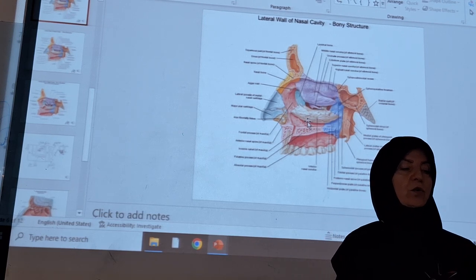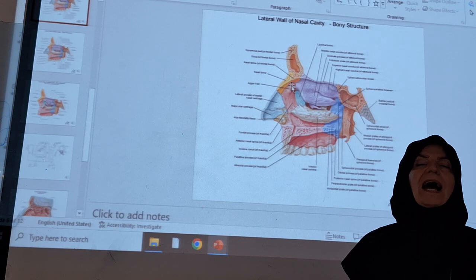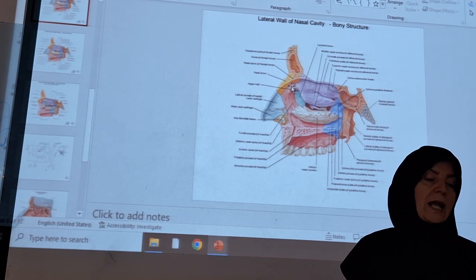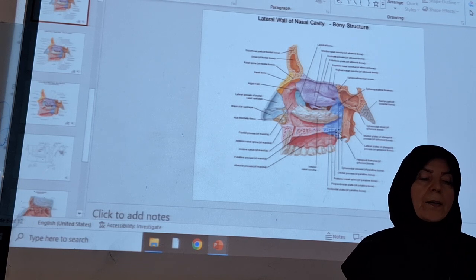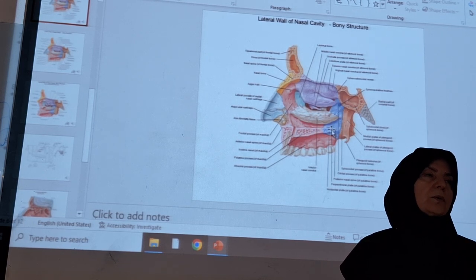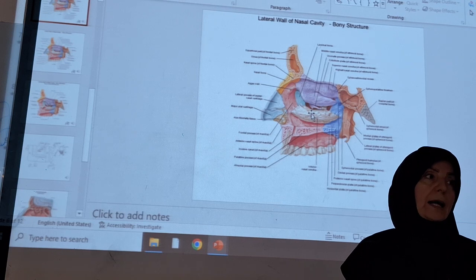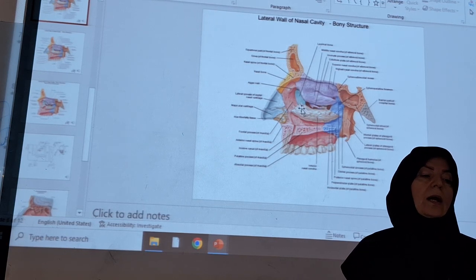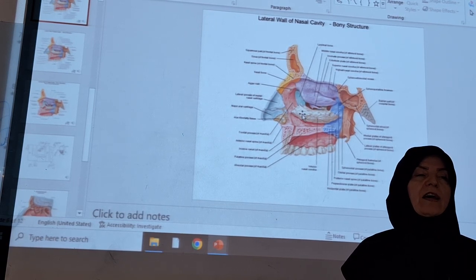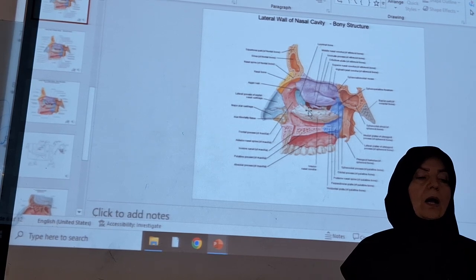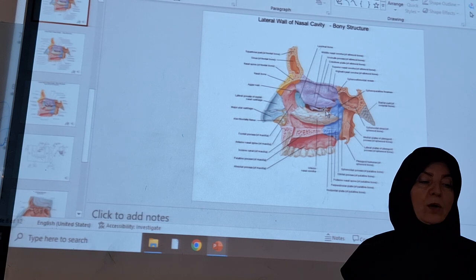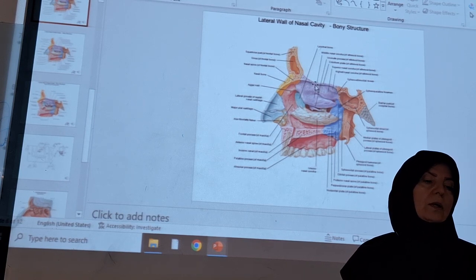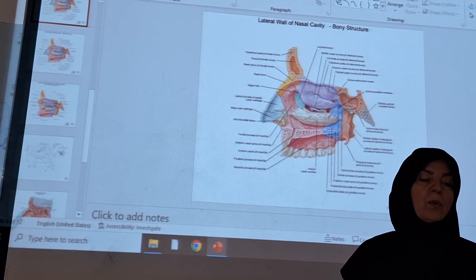Which bones participate to form the lateral surface of the nasal cavity? Maxillary bone, palatine bone, the concha nasalis inferior, lacrimal bone, ethmoidal bone, sphenoidal bone.